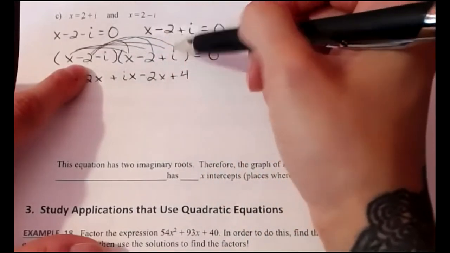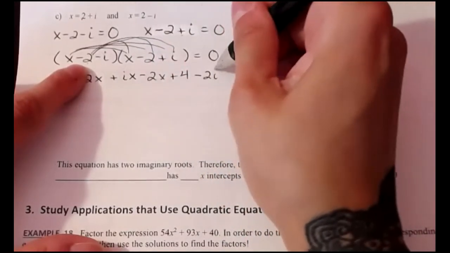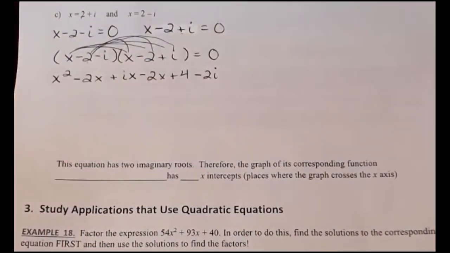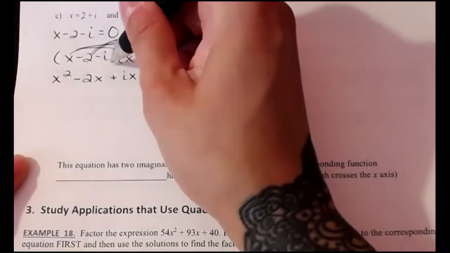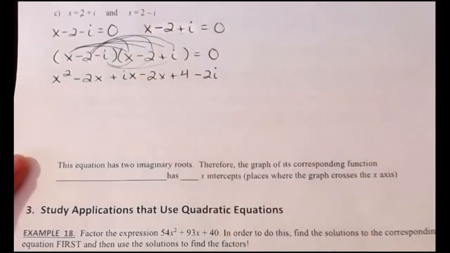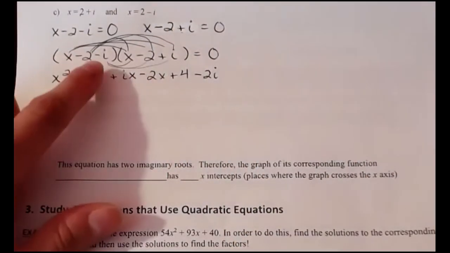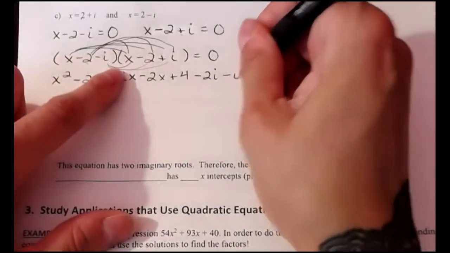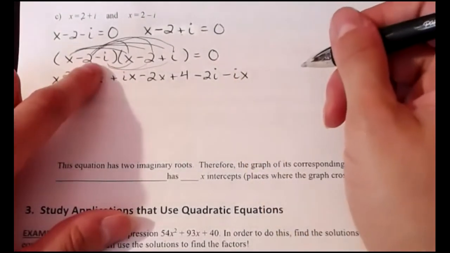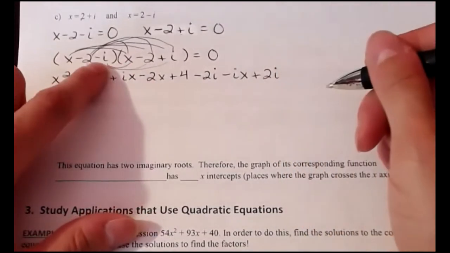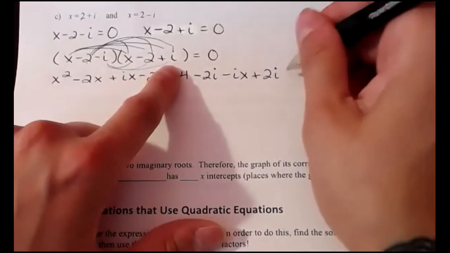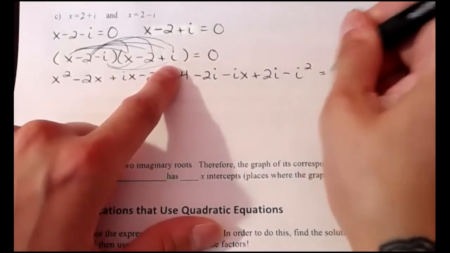Negative 2 times positive i is negative 2i. We still have one more term in the first set of parentheses, so we take that term and we distribute to everything in the second set. So I have negative i times x, which is negative ix. Negative i times a negative 2, which is positive 2i. And negative i times positive i, which is negative i squared.